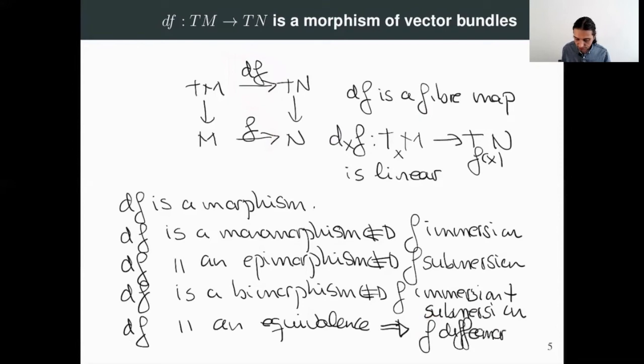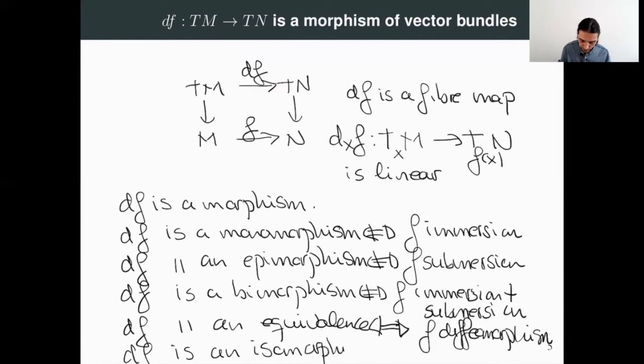Very good. But if F is a diffeomorphism, then dF is an equivalence, because all these maps over here are indeed bijective. They're all linear isomorphisms. So this is also an equivalence.